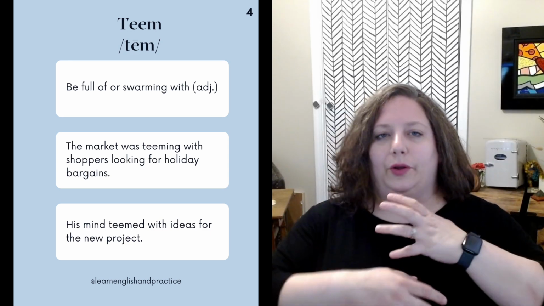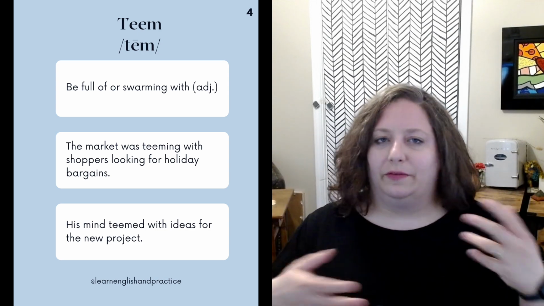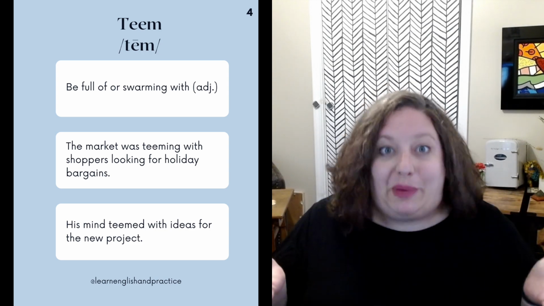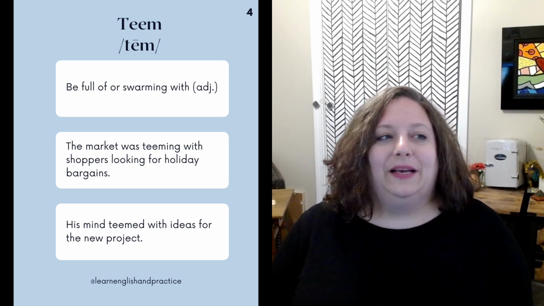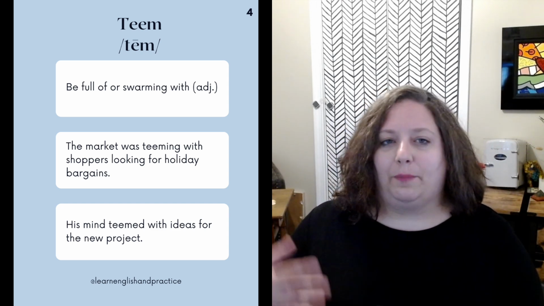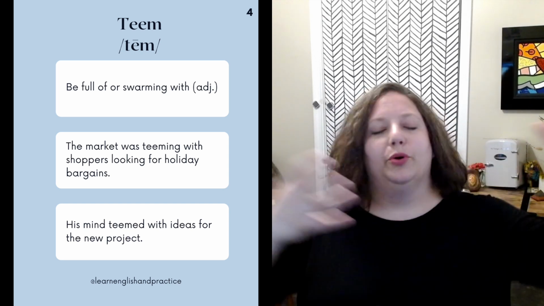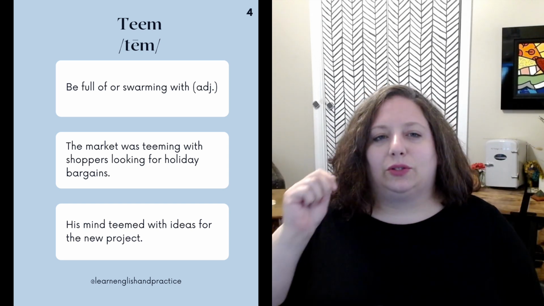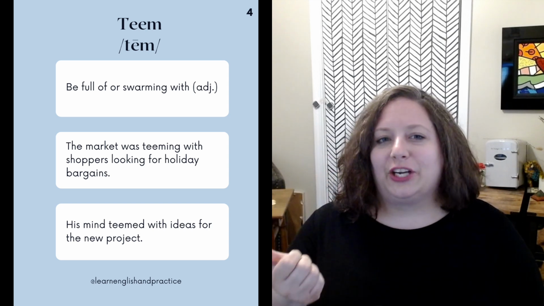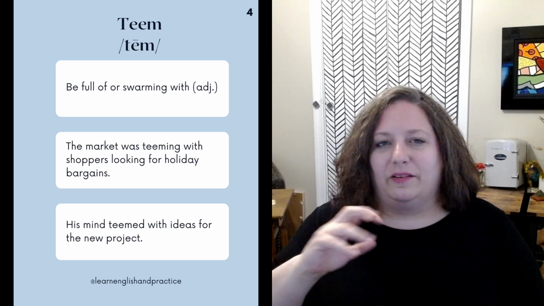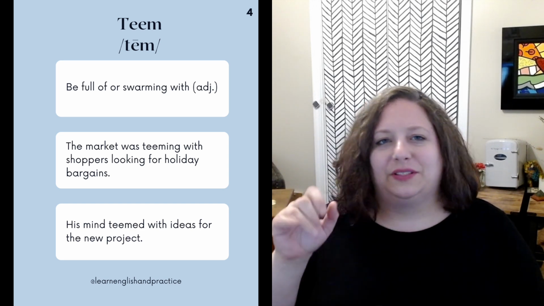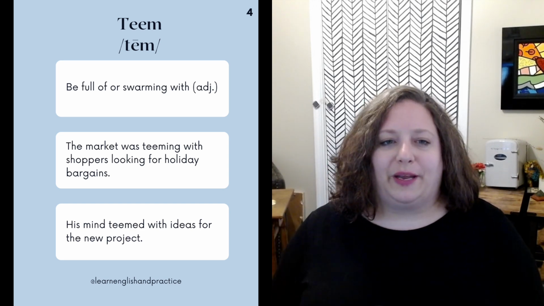They might be making honey and doing all of their normal bee activities. I don't know much about bees. A crowd might be teeming with people all moving around. So this word implies action, and it implies a large quantity of either people, animals, things, some sort of movement.